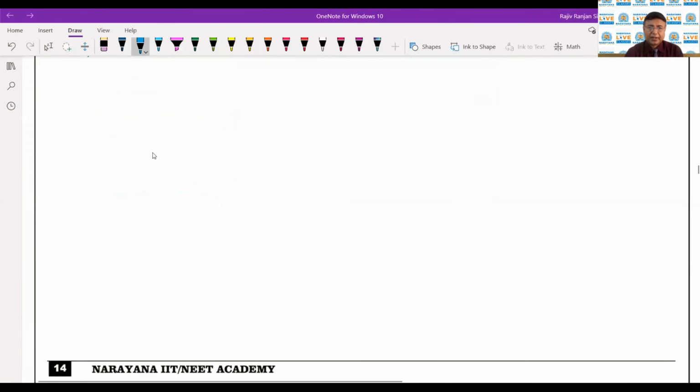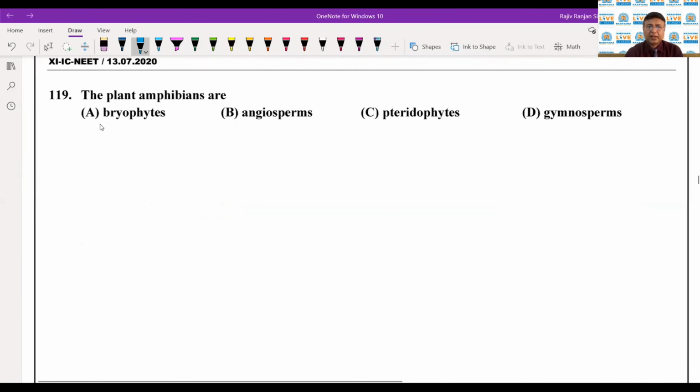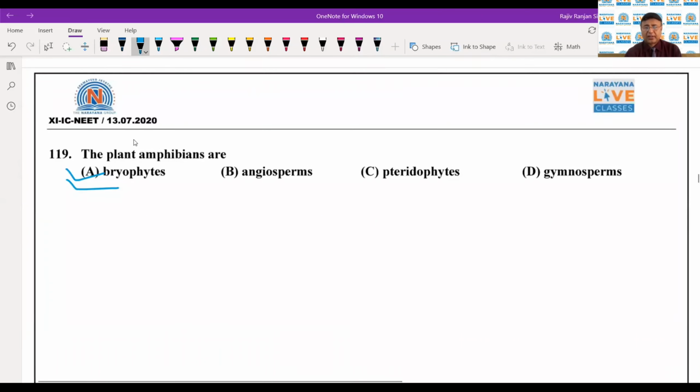Okay. So let's now just move over to the next question. The plant amphibians are, the options are bryophytes, angiosperms, pteridophytes, gymnosperms. The correct answer is the bryophytes. Plant amphibians. First of all, amphibians are those organisms that can just live in the two forms of habitat, one water, the other land.